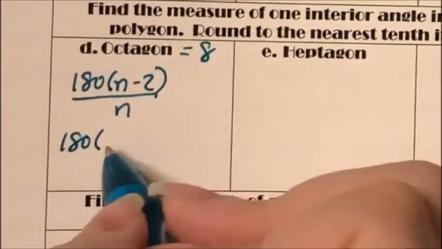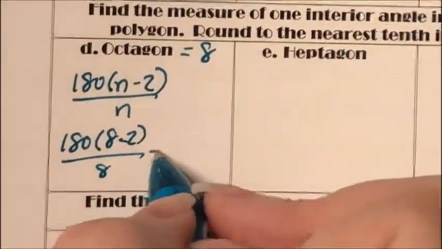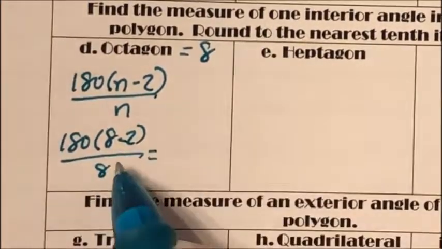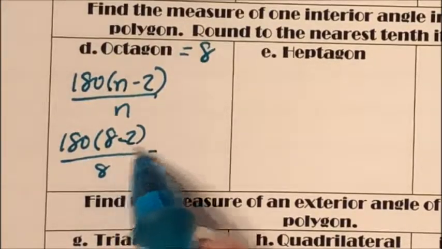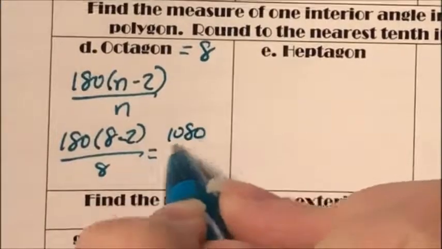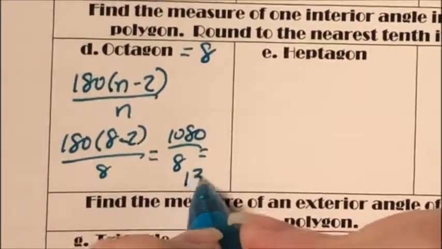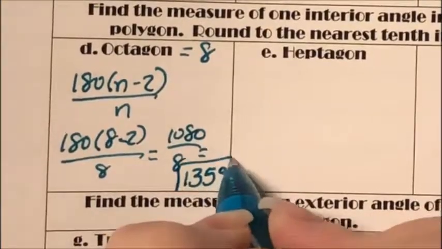So I get 180 times 8 minus 2, and I'm going to divide that by 8. 8 minus 2 gives me 6. 6 times 180 is 1080, divided by 8, which gives me 135 degrees.